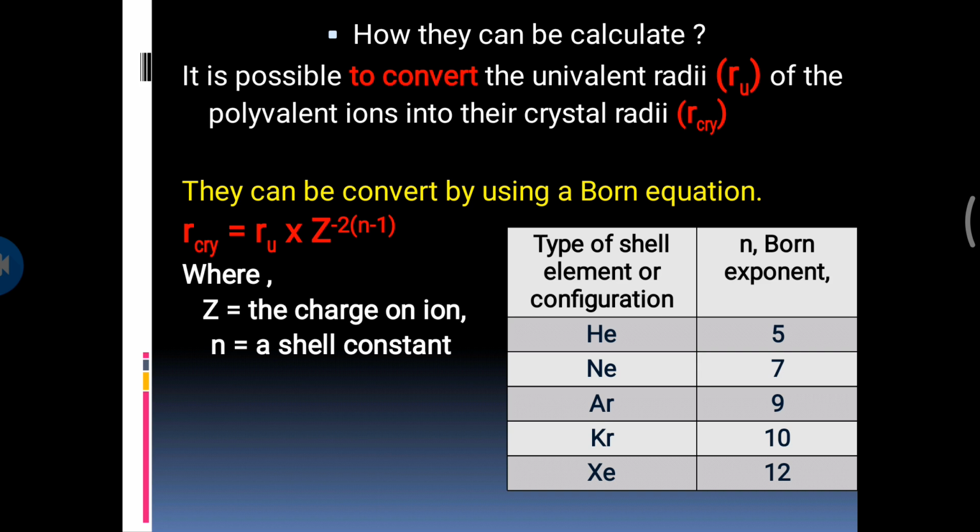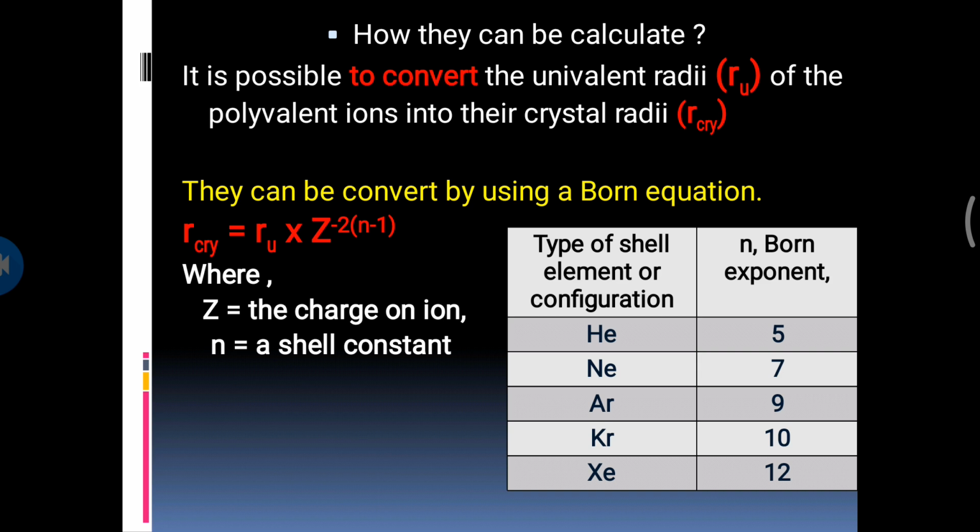Here R crystal means crystal radii, Ru is univalent radii, Z is the charge on the ion, and n is the cell constant or Born exponent.